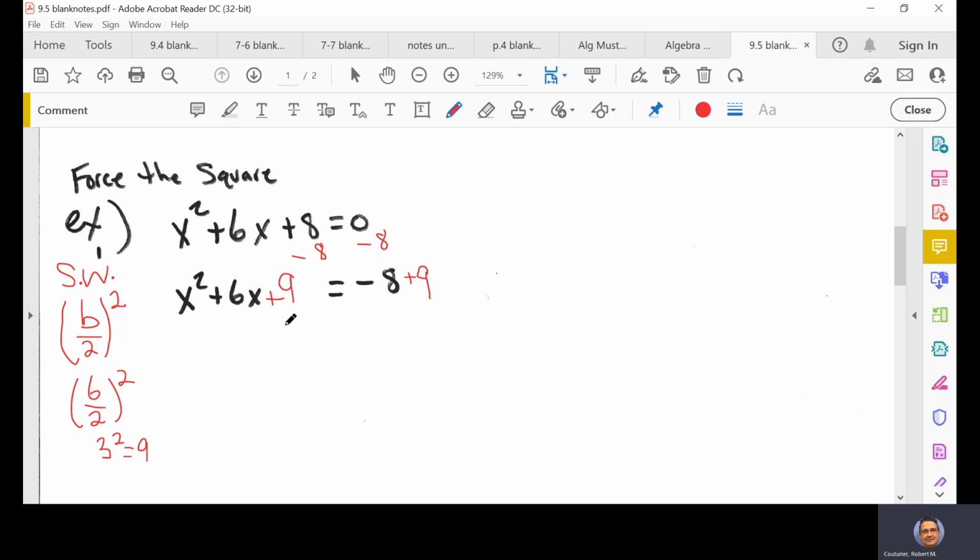Okay, the reason why we did this, I like to tell the kids in class, you put all the ingredients together to make a chocolate cake, you put it in the oven, and what comes out of the oven? Well, hopefully it better be a chocolate cake. That's what we just did here. We took all the ingredients that we needed to create this perfect square trinomial for only one purpose, and that purpose was so that we could do a special case factoring. We take the square root of the first term, which is an x.